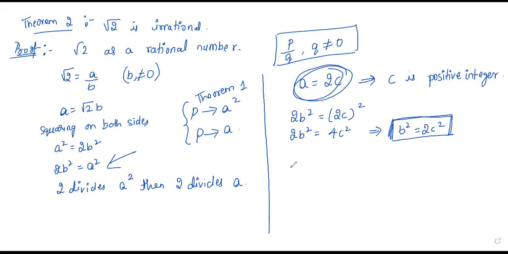Correct? Same as the earlier condition, instead of A and B, you have B and C here. So 2 divides B square here, then 2 divides B as well, because of Theorem 1.